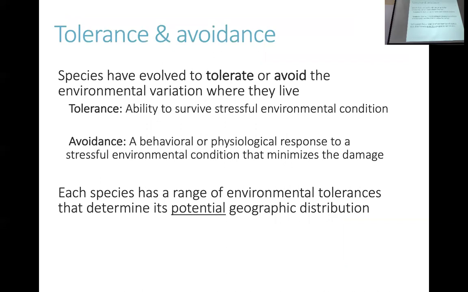Species can basically do two different things when they have environmental variations to deal with. They can stay and tolerate it, or they can avoid it. So tolerance and avoidance are the two basic strategies that organisms will undertake to survive a stressful environmental condition.